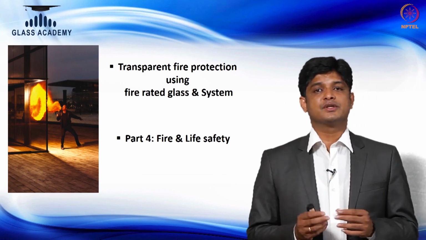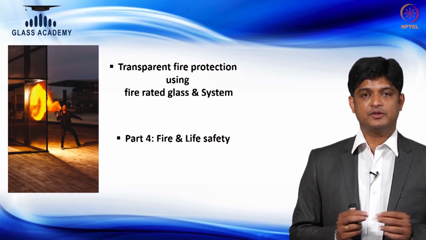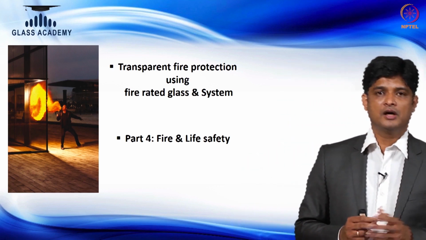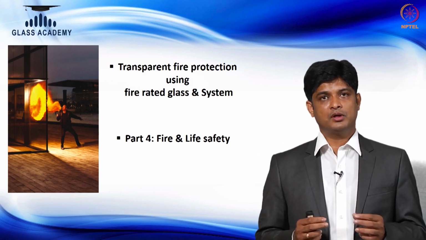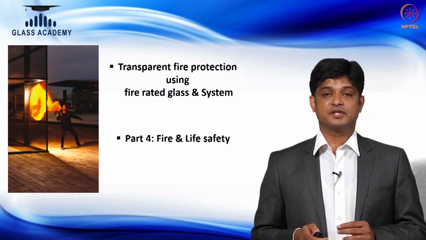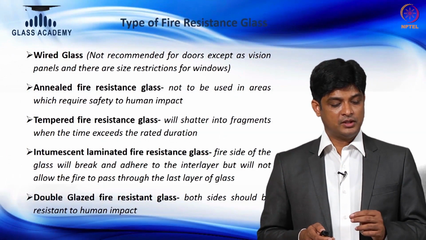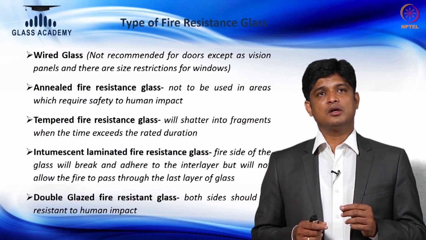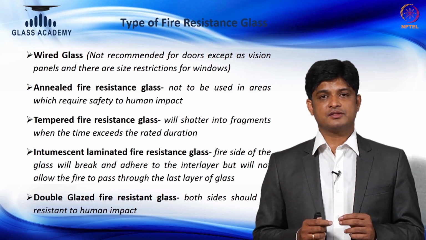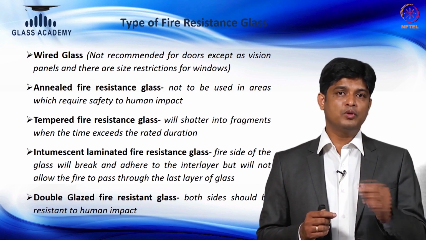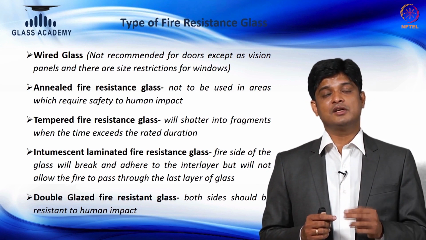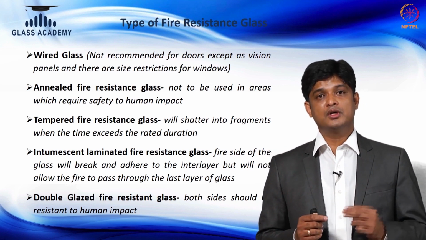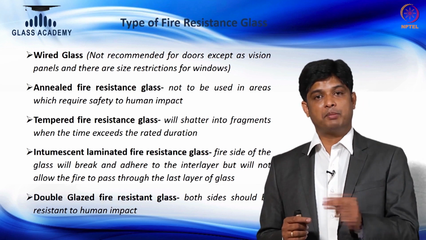There are some portions in NBC that refer specifically to glass, on fire and life safety. There are transparent fire protection and fire resistant glazing systems available. Under Part 4 on life safety, it gives a basic direction to help you understand what kinds of fire resistance glass are available in the market, so that you can make a wise decision in selecting what kind of fire resistance glass to use based on the location and the application.